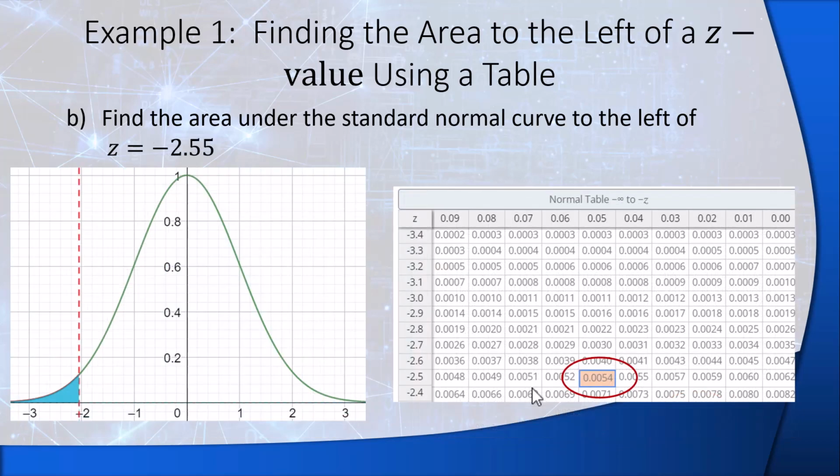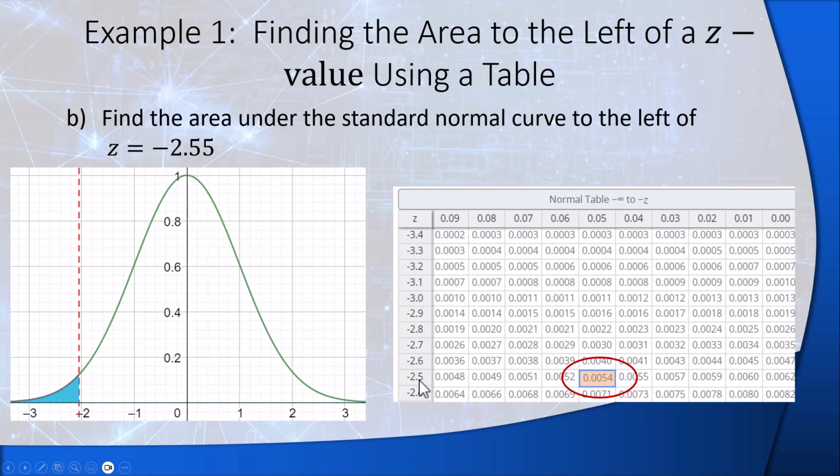Okay, and here's another one. Here we want to find the area under the standard normal curve to the left of z equals negative 2.55. For this one, we're going to use a different table. It is a normal table from negative infinity to negative z. Once again, the column here is what we use to look up the single unit and the first decimal of the z-score. Notice here we have negative 2.5.